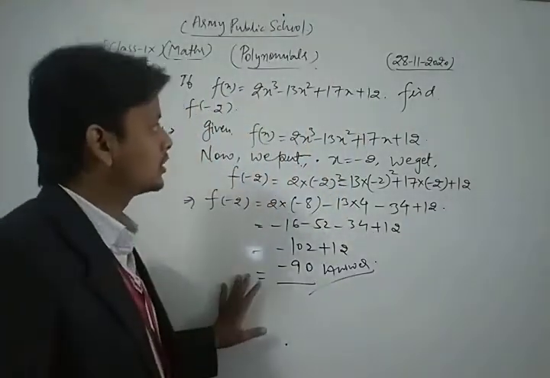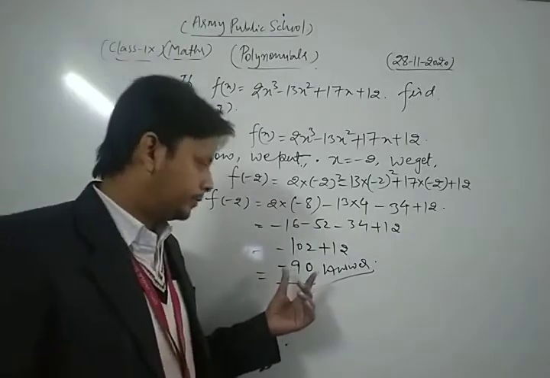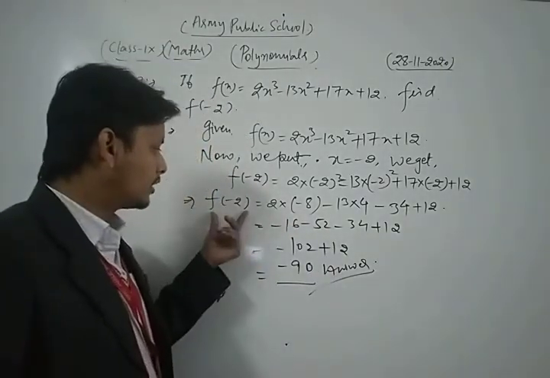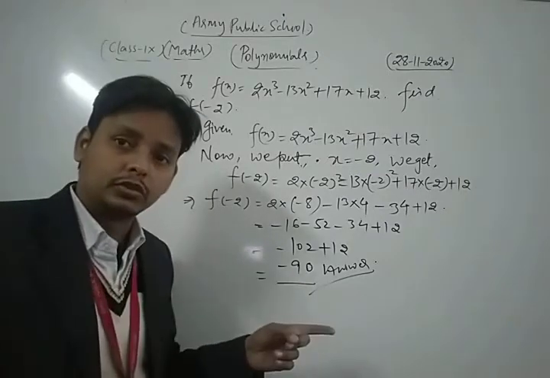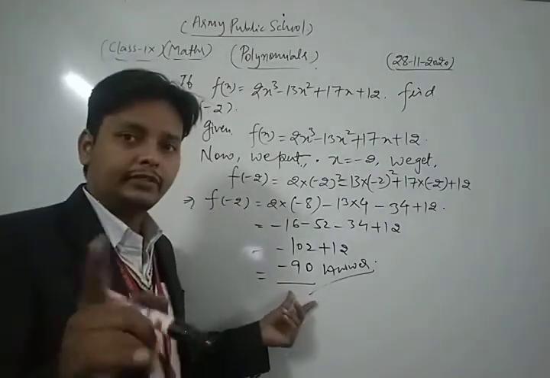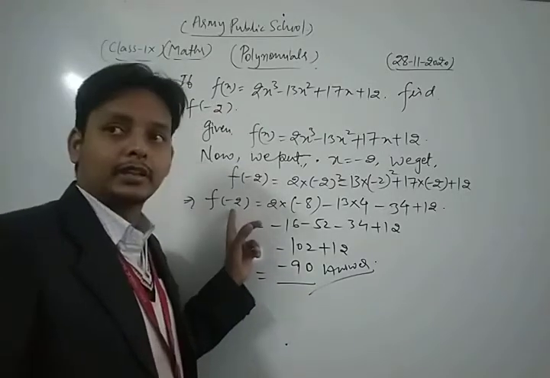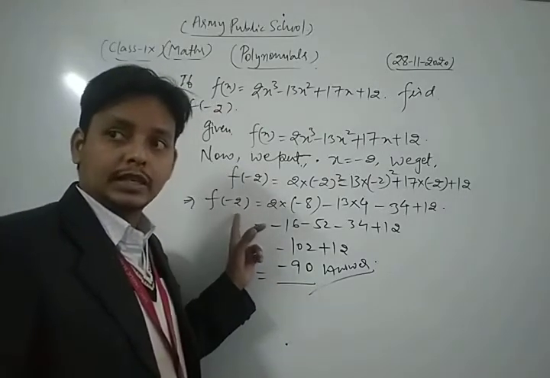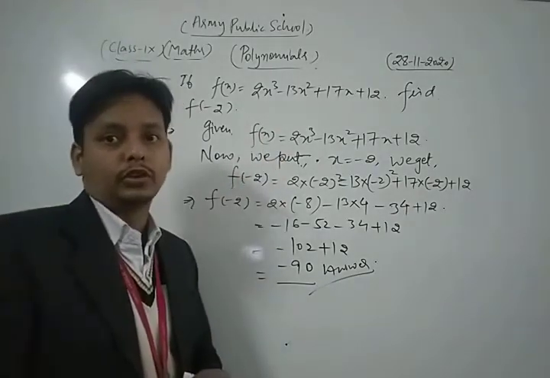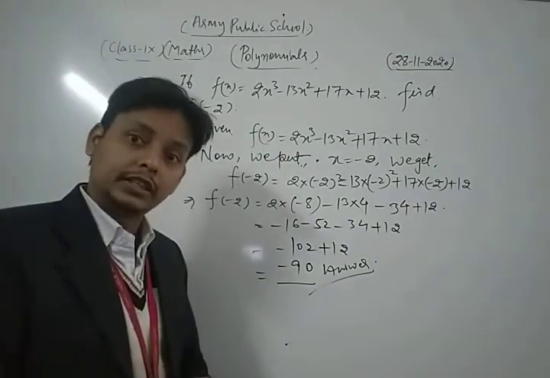There is one important concept here. Suppose that f of minus 2 becomes 0, then we can say that minus 2 is a zero of the given polynomial.